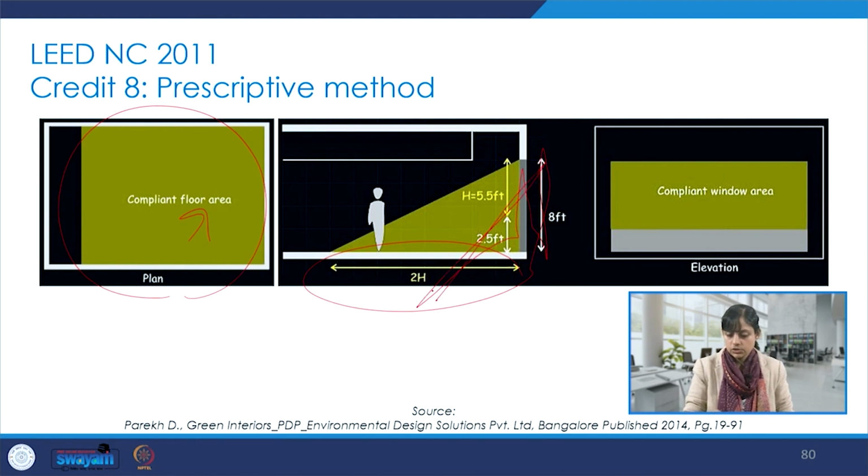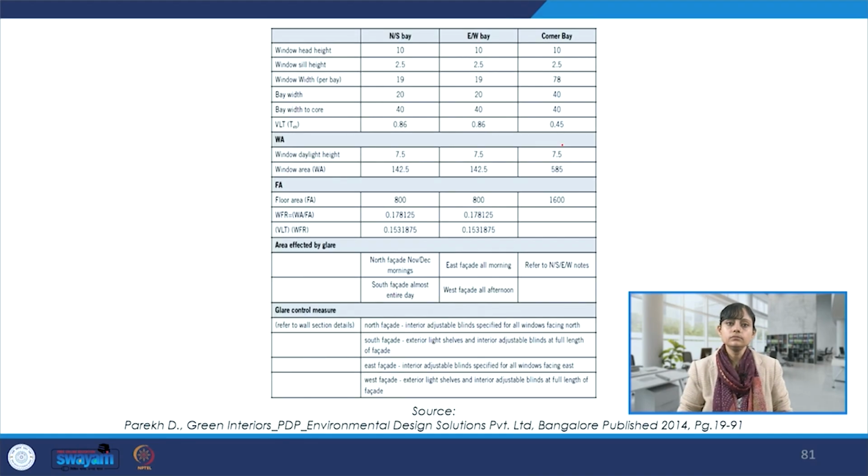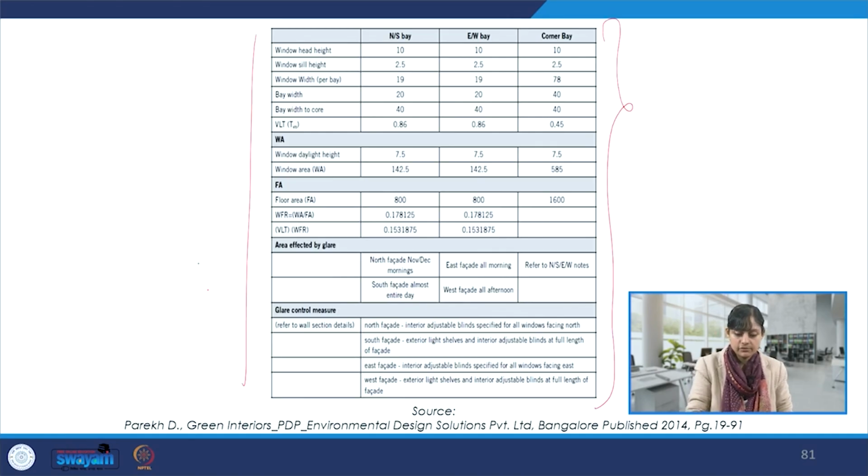H to 2h, and this is an elevation, the compliant window area. So that's a sort of prescriptive method that, at least till 2h we could have light if we design the window in this manner. And again, there are some references and tables which are already there for us to refer to.